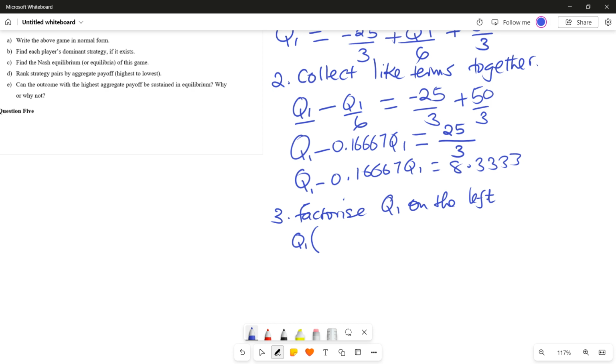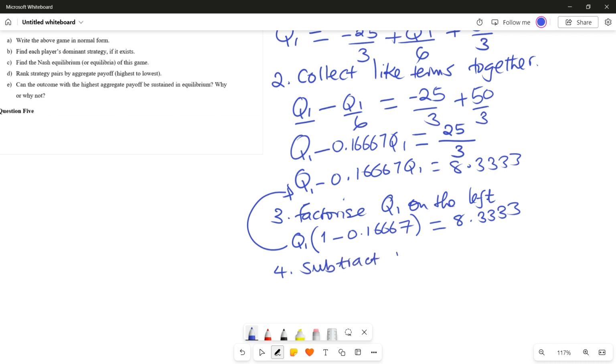So q1 into q1 gives 1, minus q1 into 0.16667 q1, we just remain with 0.16667. We close the bracket and equate this to 8.3333. Then step number 4 is to subtract what is in the brackets.